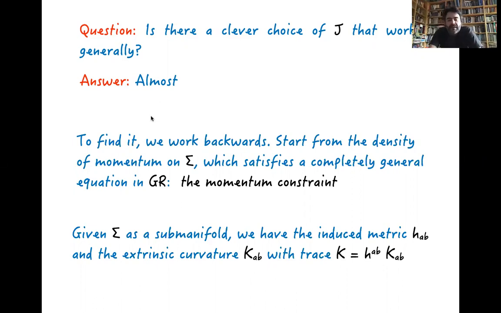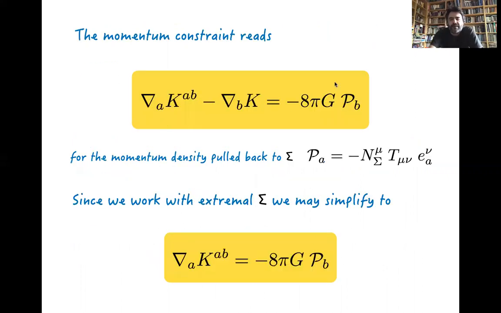So if you have any space-like submanifold sigma, you have the induced metric on it, and you have the extrinsic curvature. The extrinsic curvature is like the time derivative of the metric, so it's like the velocity variable, right? Let the trace of the extrinsic curvature be K. Then the momentum constraint, which is just 3 of the Einstein equations, looks like this. I can write it in this way. Here you see the momentum density.